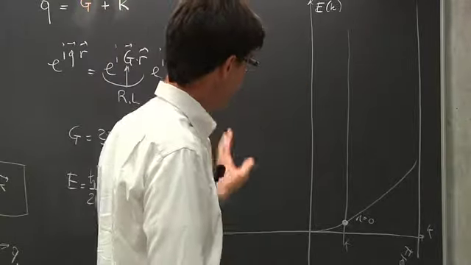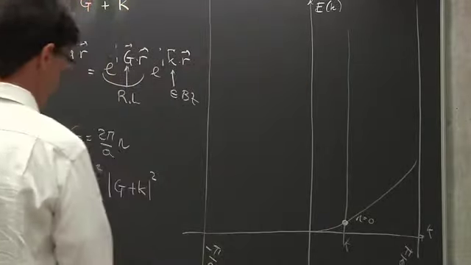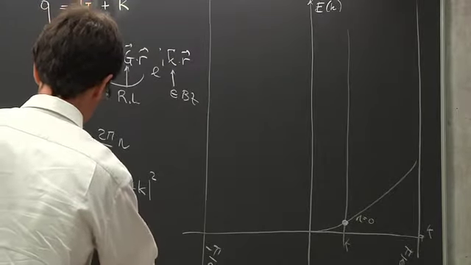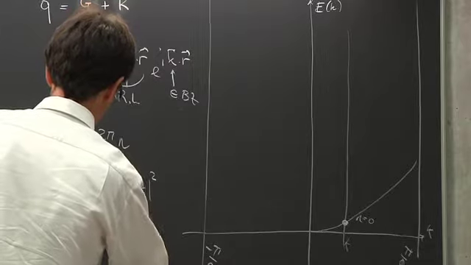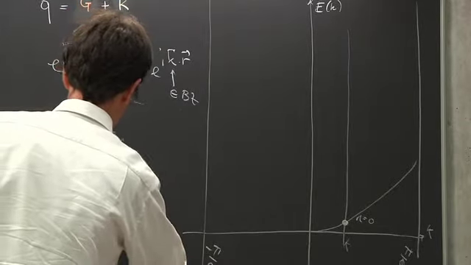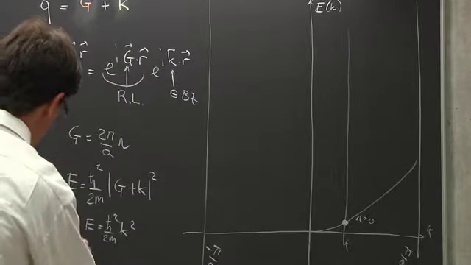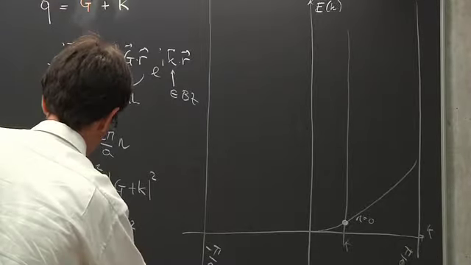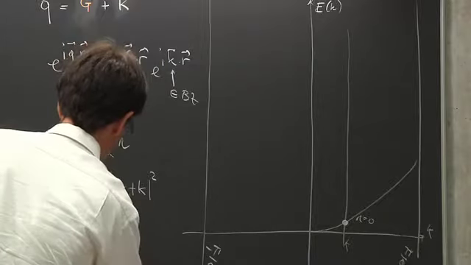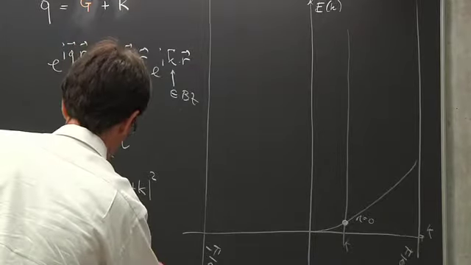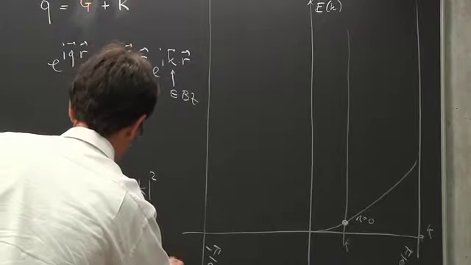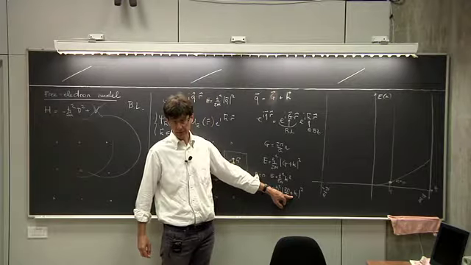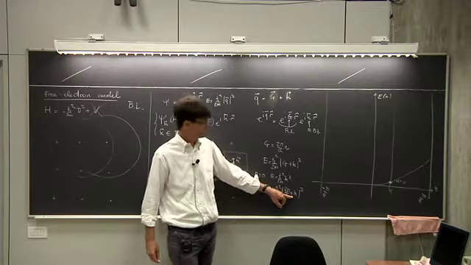If I have to draw it here, n equals 0, the energy is ħ squared over 2m k squared. For n equals 1, the energy is ħ squared over 2m (2π over a plus k) squared, right? So this is a parabola centered at minus 2π over a.